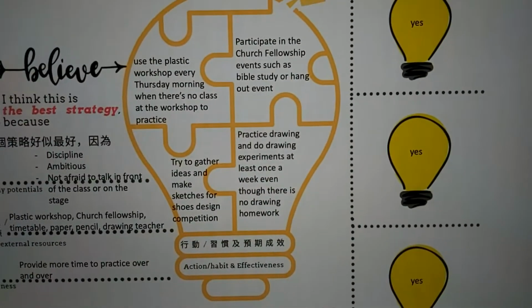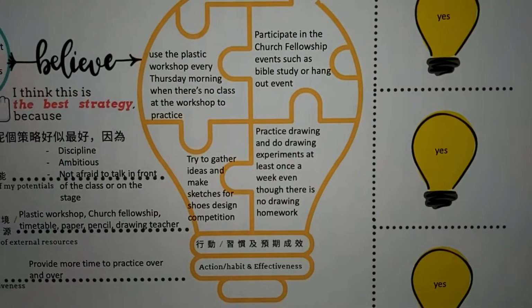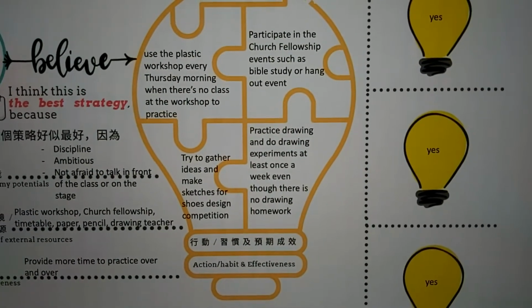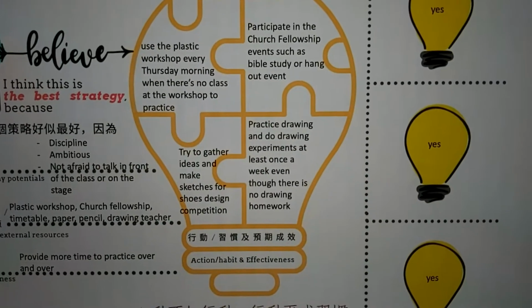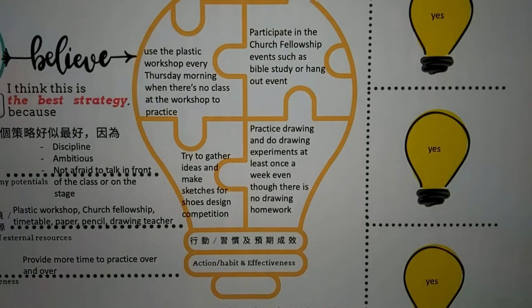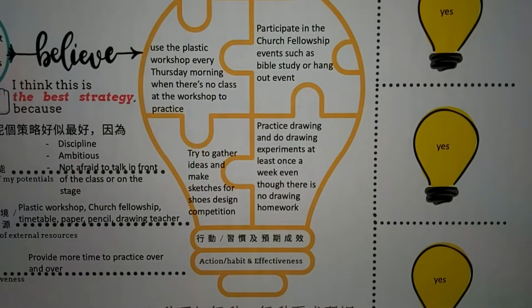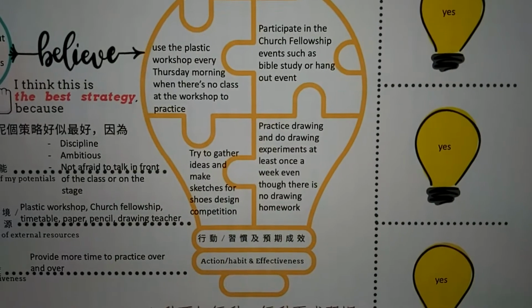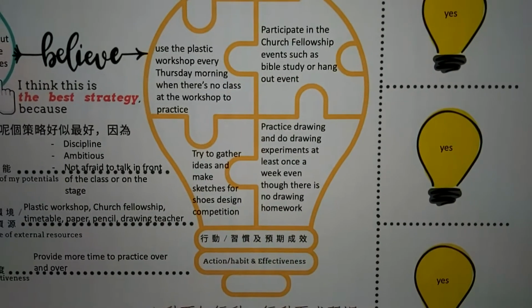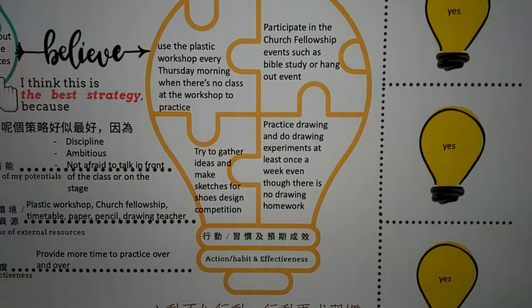So the actions that I would like to make into my habits are using the plastic workshop every Thursday morning when there's no class at the workshop to practice. I have checked the schedule of the plastic workshop, and I saw that Thursday is the day when the plastic workshop has the most free time.